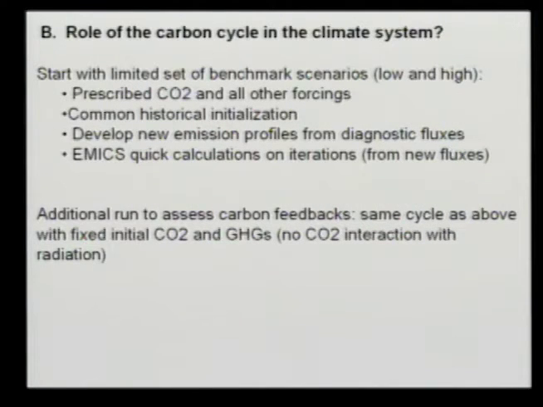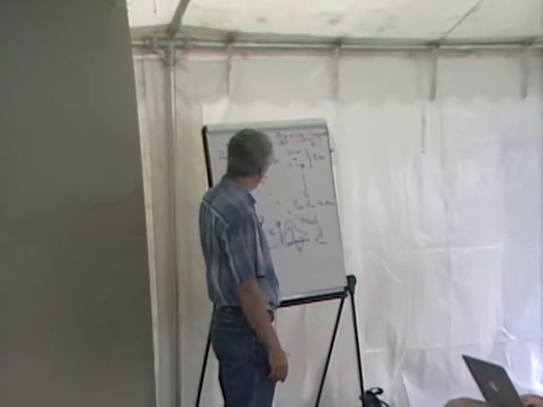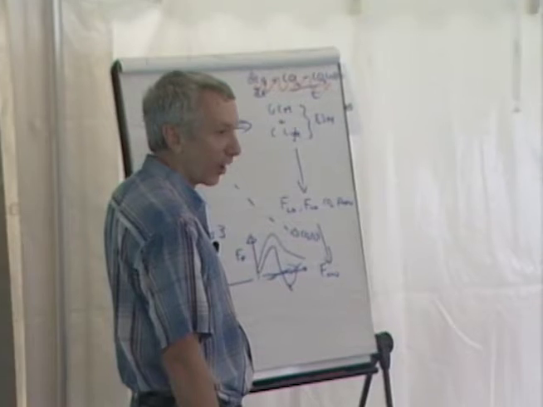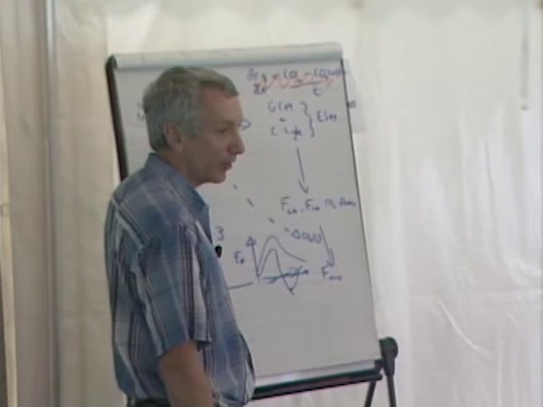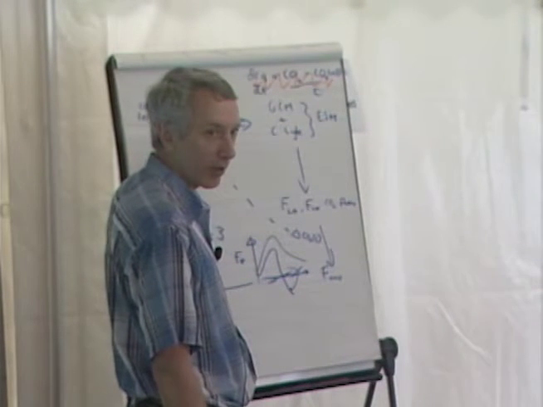So a second run that we're proposing to do with the ESMs in order to evaluate the carbon cycle response in the model is to do this same loop. Basically do everything that's in this loop except that you don't let the prescribed CO2 time series impact the radiative forcing of the model.